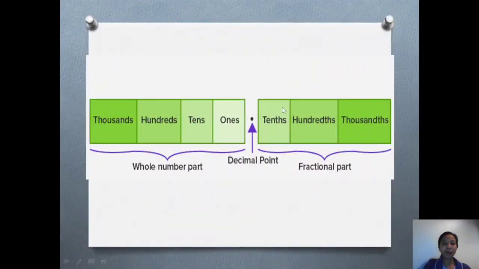Next. So to recap again, this is the whole number part, decimal point, and fractional part. Alright? Again, ones, tens, hundreds, thousands. Tenths, hundredths, thousandths. Alright?